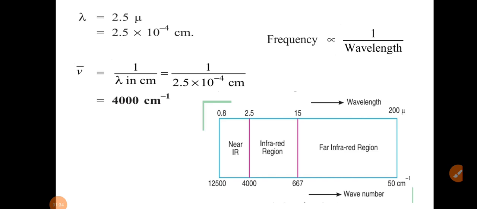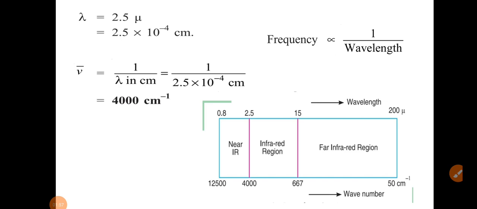We will calculate the wave number for the given lambda. The formula is 1 divided by lambda, so 1 divided by 2.5 into 10 to the power minus 4 centimeter, and we get 4000 centimeter inverse.